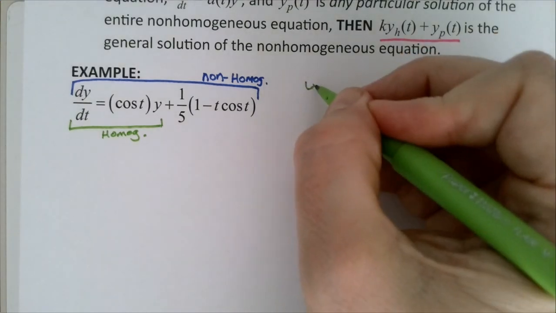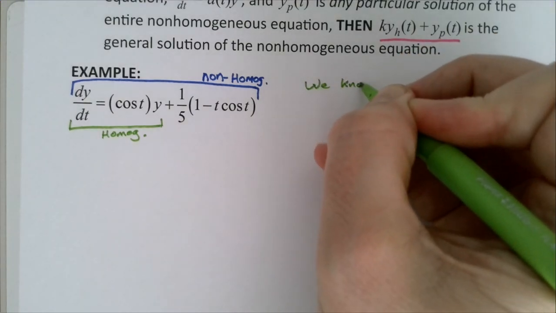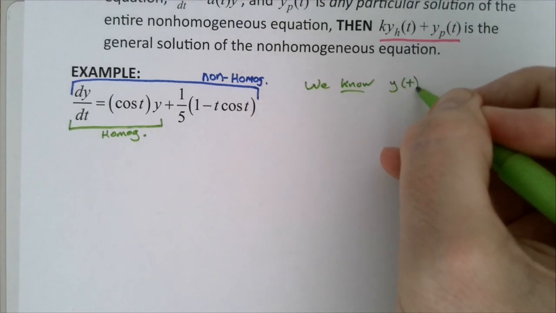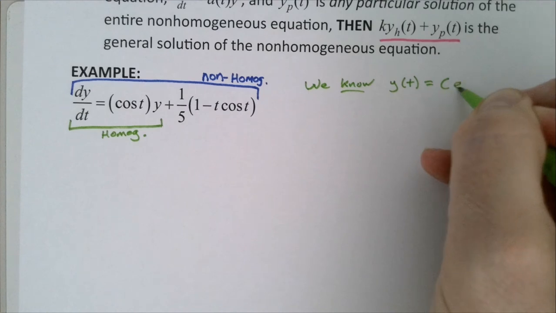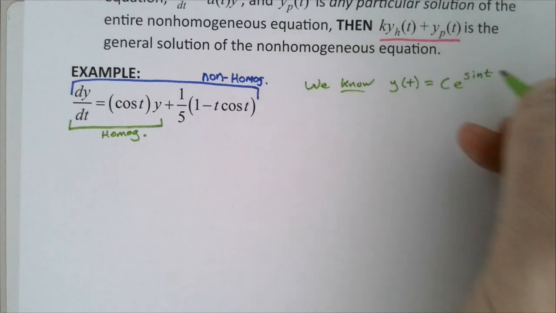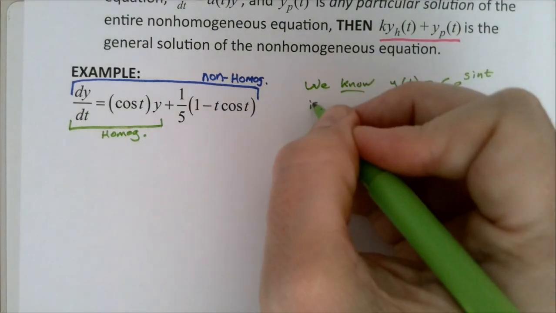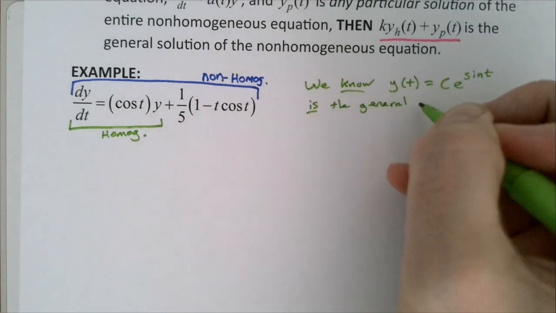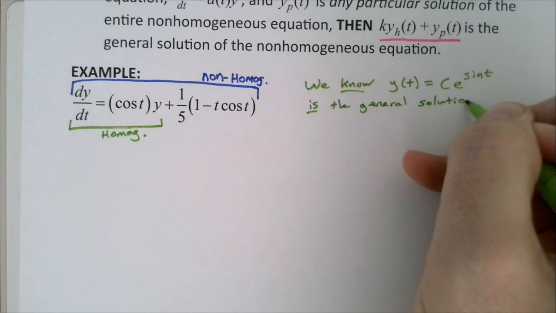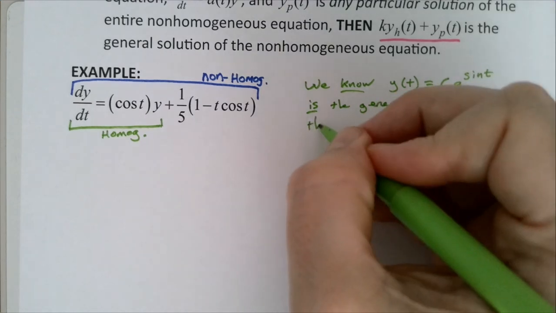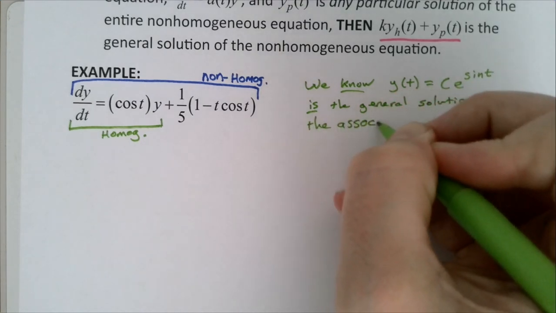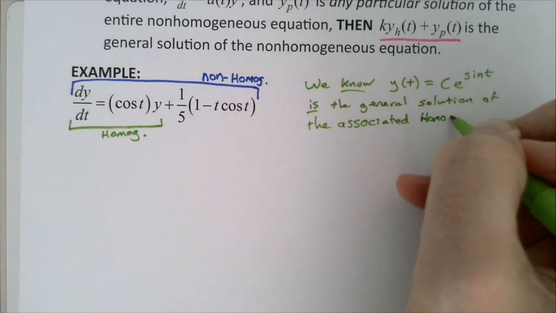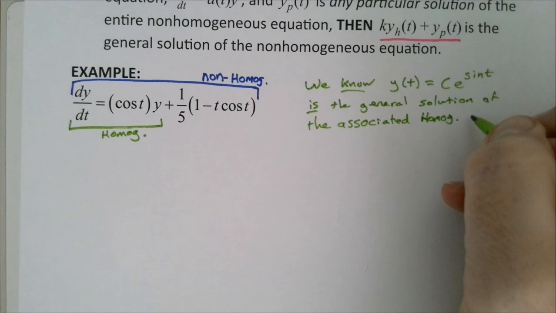So off to the side, we know, because we just solved it, that y of t equals some constant times e to the sine t. We know that is the general solution of the associated homogeneous differential equation.